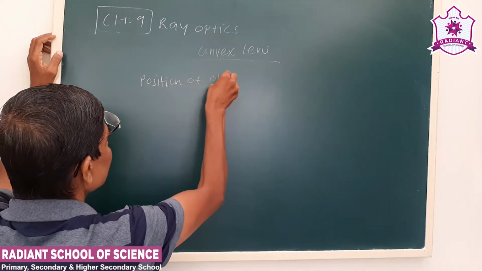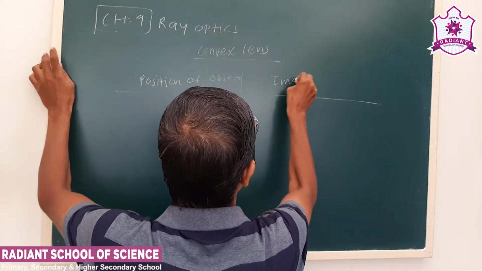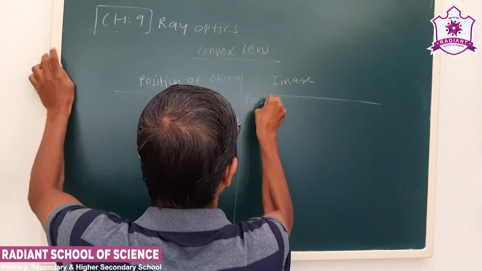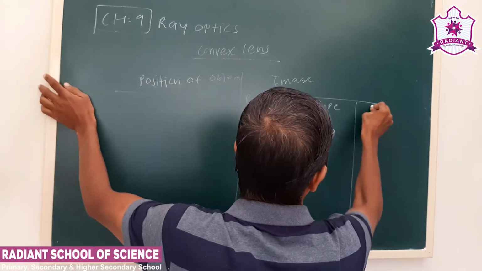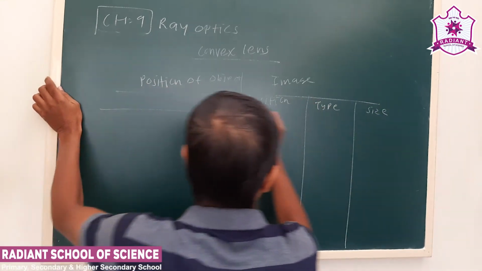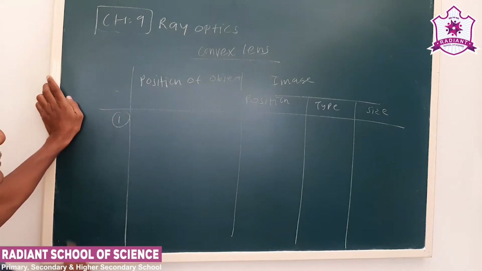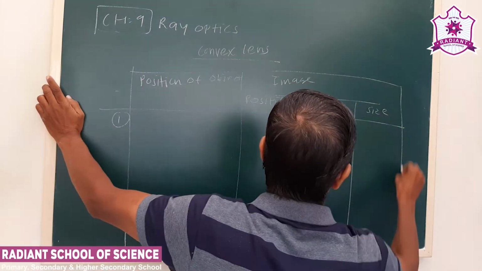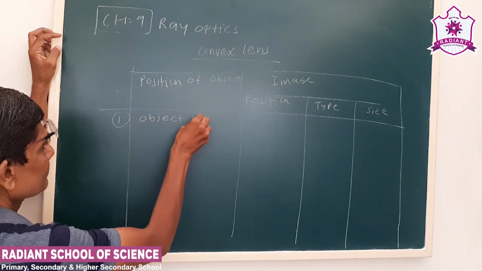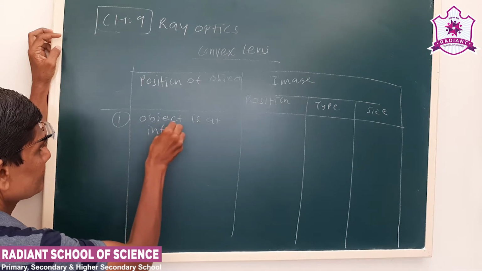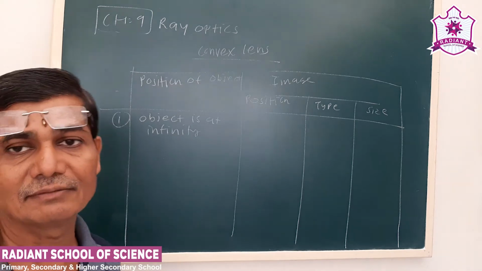First, the position of the object. If the object is at infinity, as I told you, the convex lens is a converging lens.